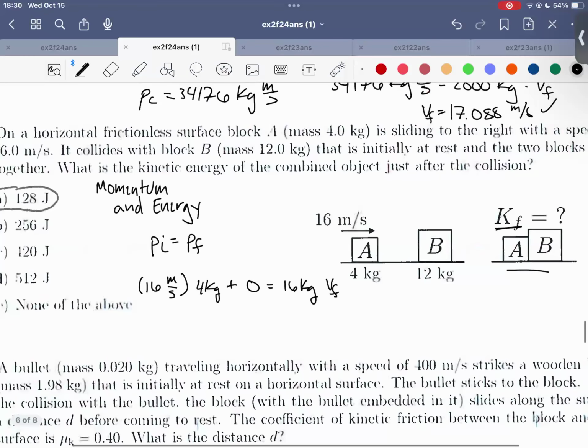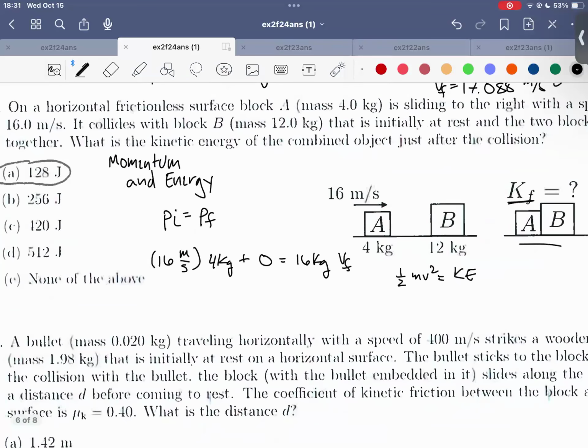What this velocity final is going to allow us to do is plug it into our kinetic energy formula. So we multiply these two together and we get 64 kg meters per second equals 16 kg times velocity final, leaving us with velocity final of 4 meters per second.